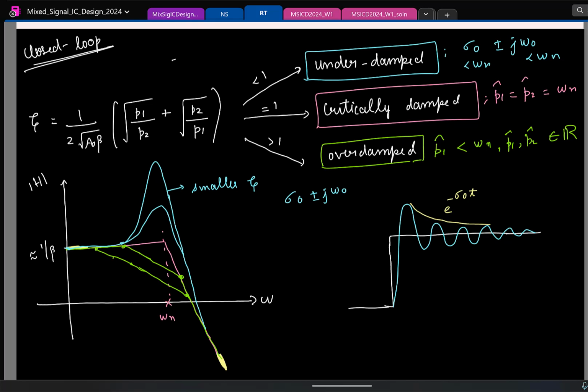And remember, any LTI system, if I have a pole like this, the natural response will be this. Things are in the left half plane, so I'll have minus this. So I'll have e power minus sigma naught t times e power minus j omega naught t. So the decay will be dependent on the real part.